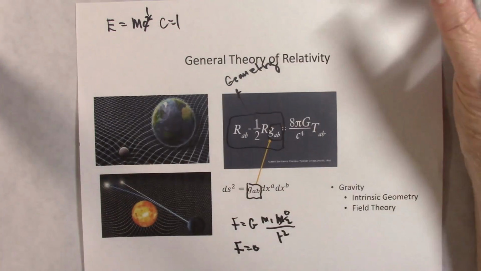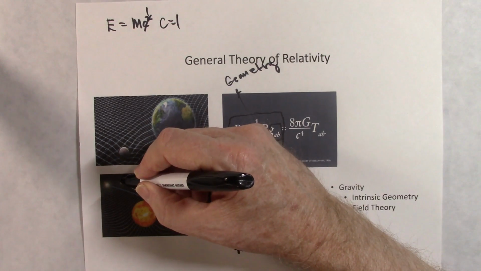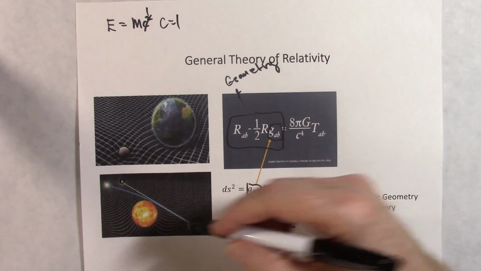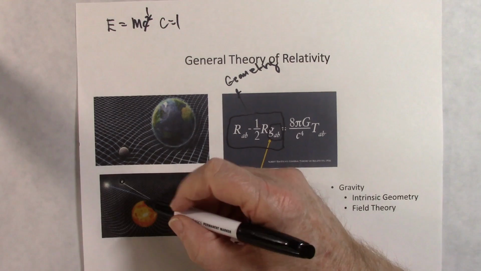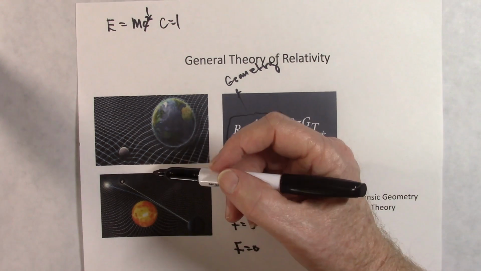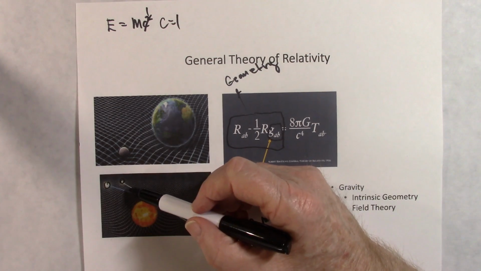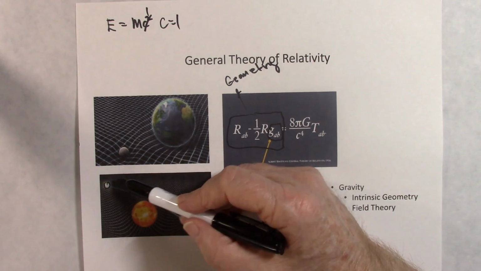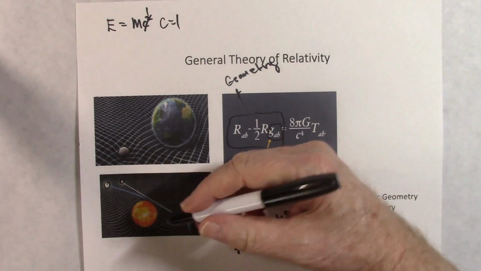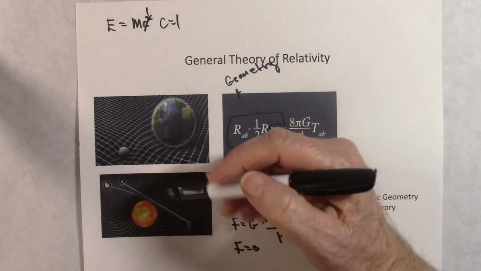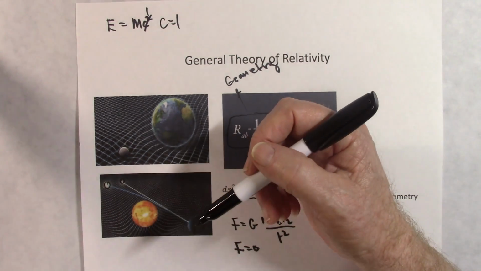Without the sun present, they saw a star at that location. They waited for an eclipse of the sun where they could see this star when it was dark, and they found that it was over here. And so that's how they knew, or one of the ways they knew, that Einstein's theory was better than Newton's theory, because he correctly predicted that the sun would warp space and time.